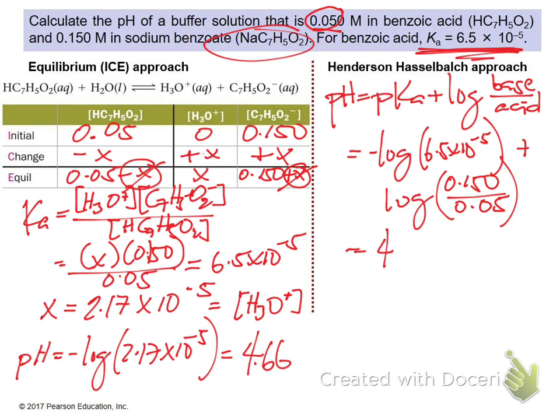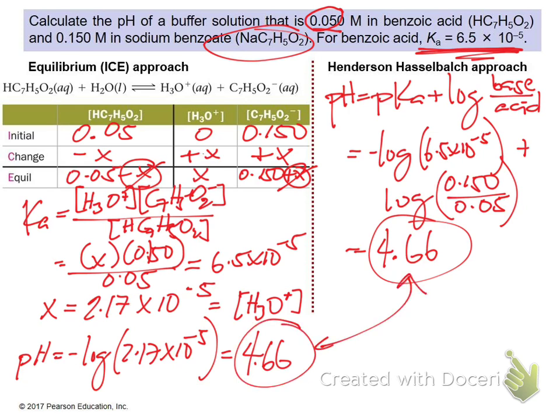And this gives us a pH equivalent to 4.66, which is the same as the equilibrium approach.